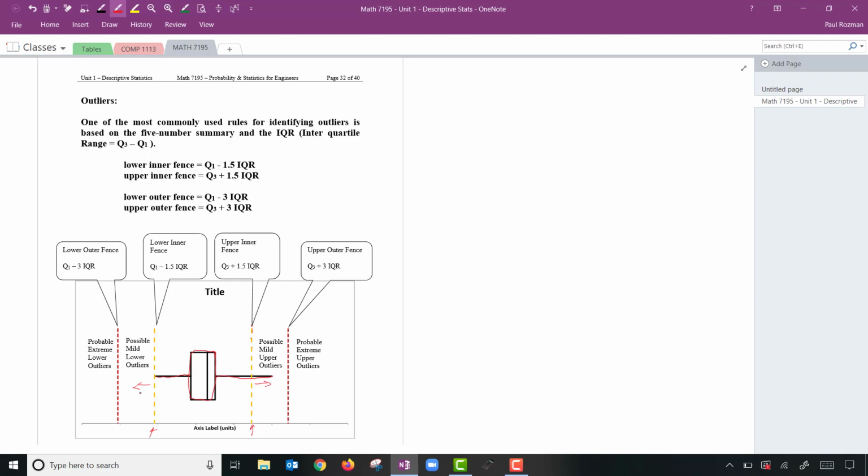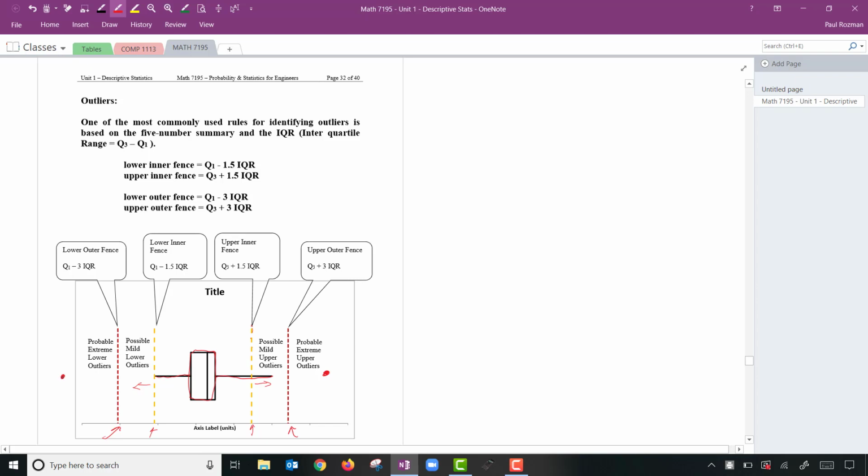Maybe we don't do anything about them because they're considered mild outliers. Once you get to these more extreme fences, we'll call them the upper fences, then we start to encounter extreme outliers. So if you had a score up here, that would be an extreme upper outlier.